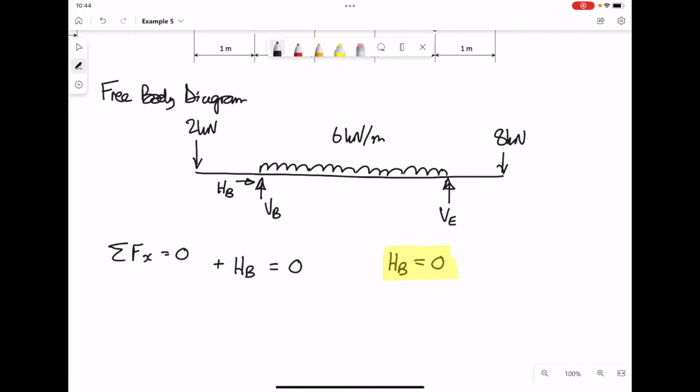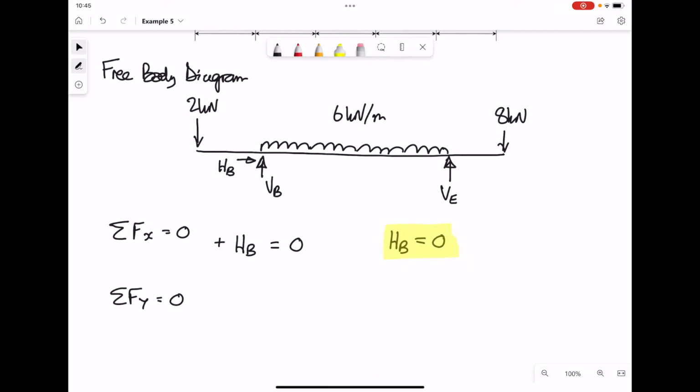Now considering forces in the y direction, we have 2 point loads, the UDL, and we have 2 reactions, VB and VE. Writing down our forces, we've got VB upwards positive plus VE positive going upwards minus the 2 kilonewtons point load.